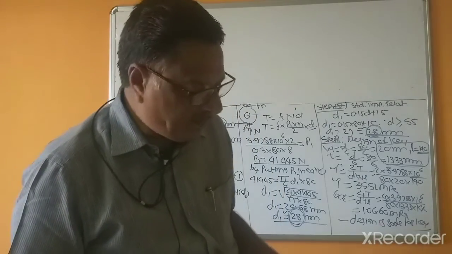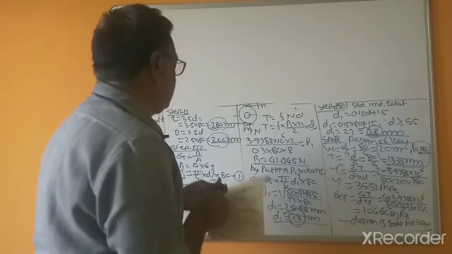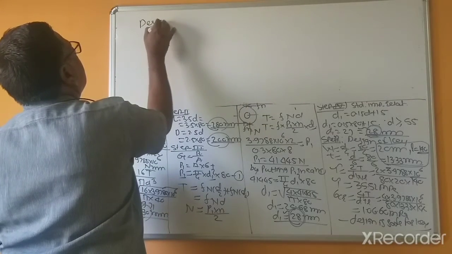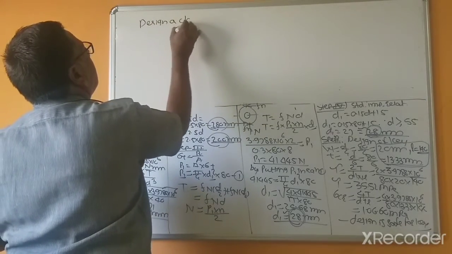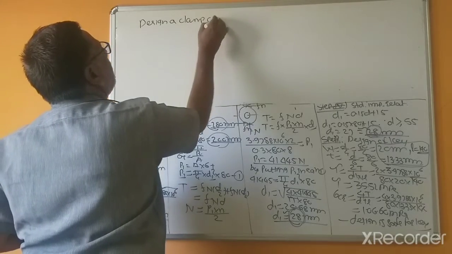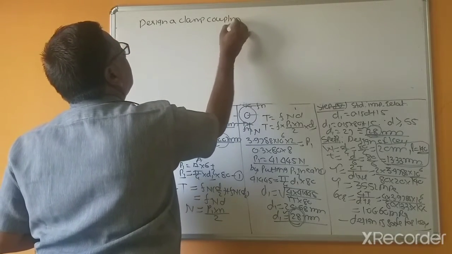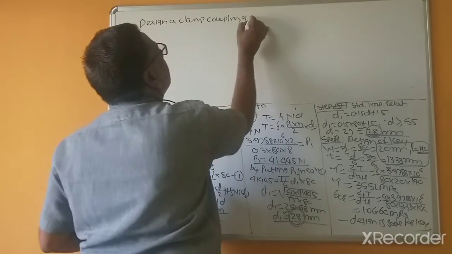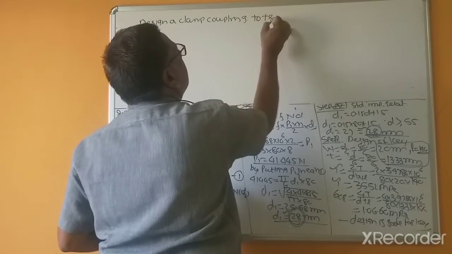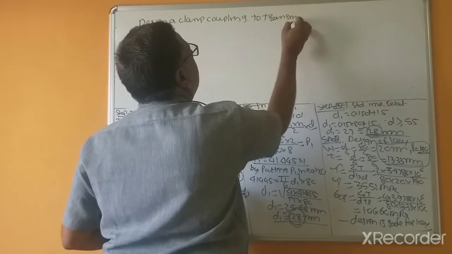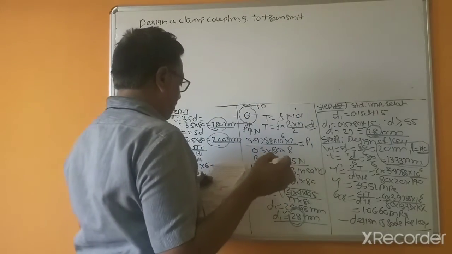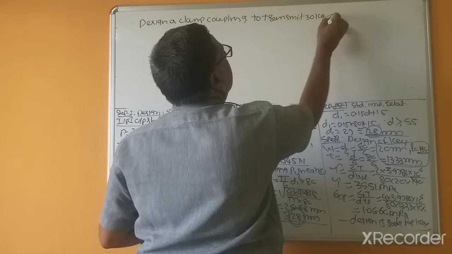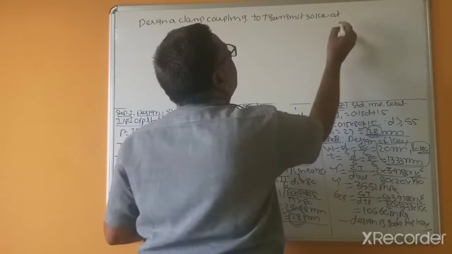Design a clamp coupling to transmit 30 kilowatt at 100 RPM.